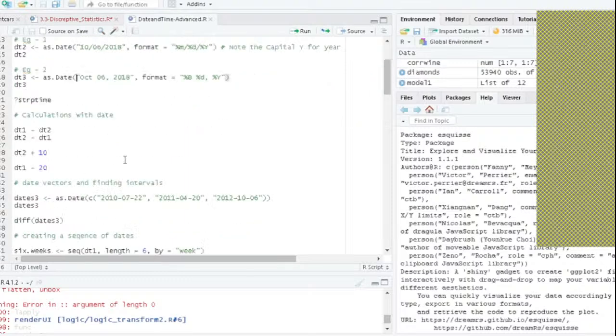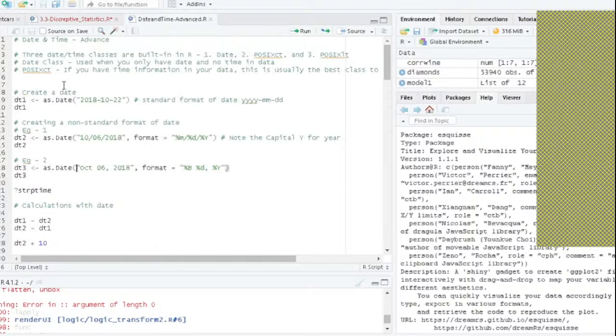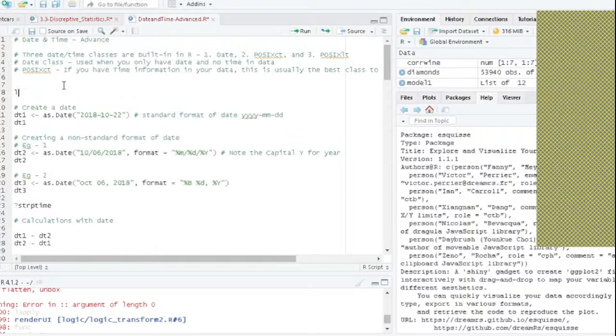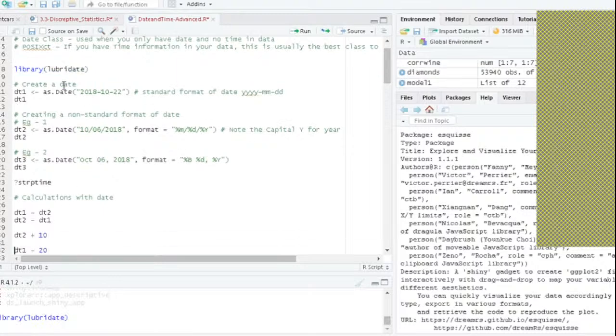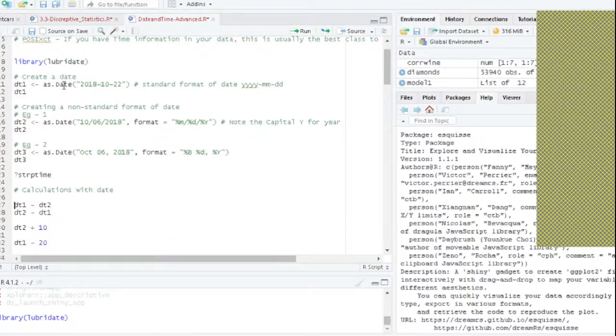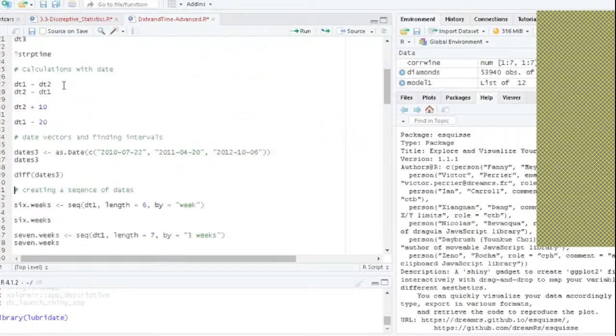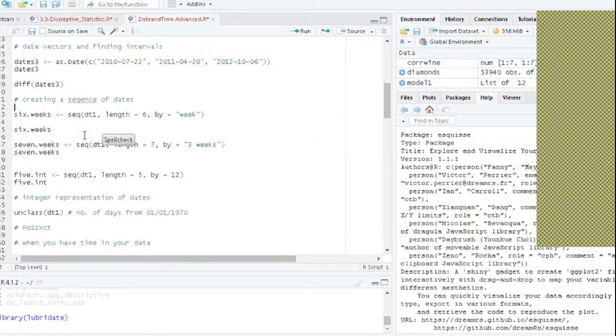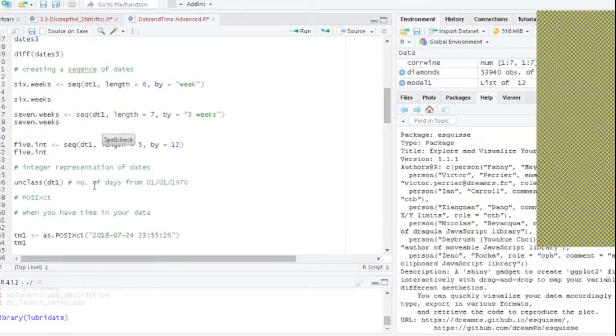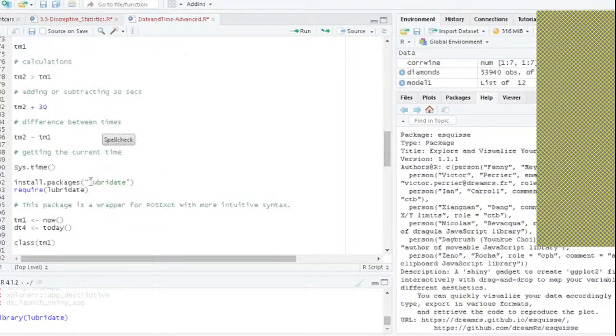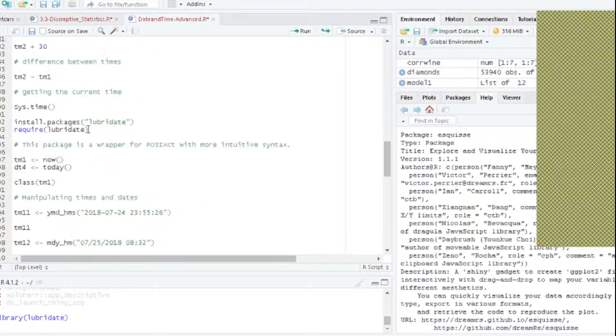Let me activate this package, library(lubridate). There you are.